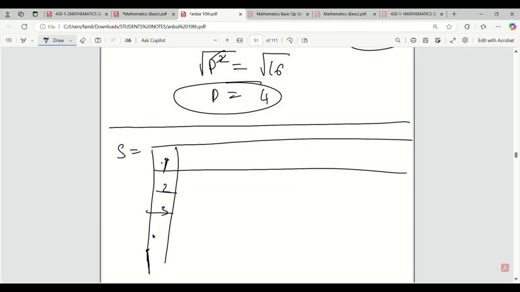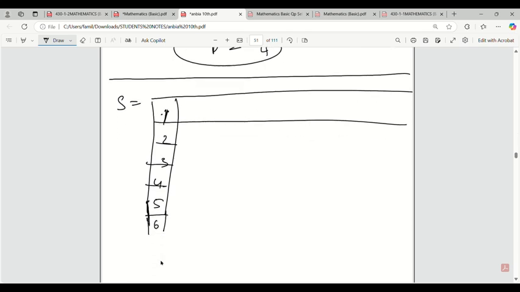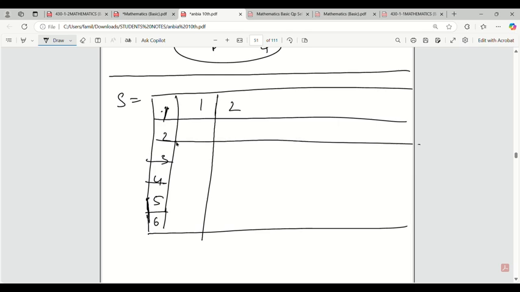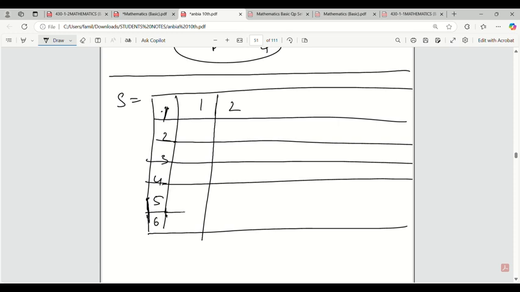1 2. Okay, fine, I'll not draw the lines, it will be a big headache. 1 2 3 4, 5 and 6. 1 2.